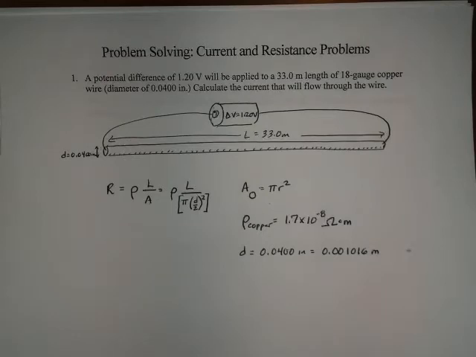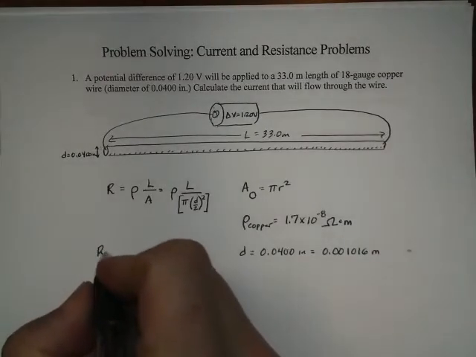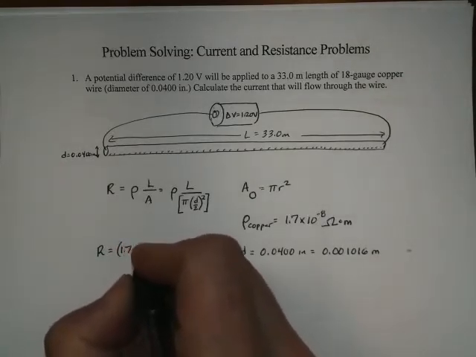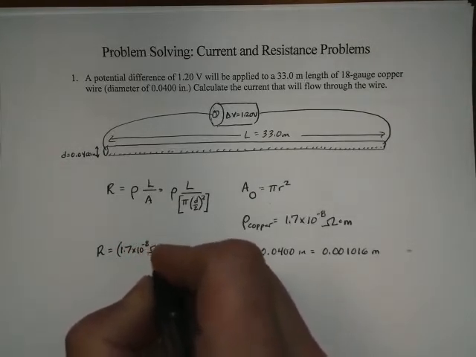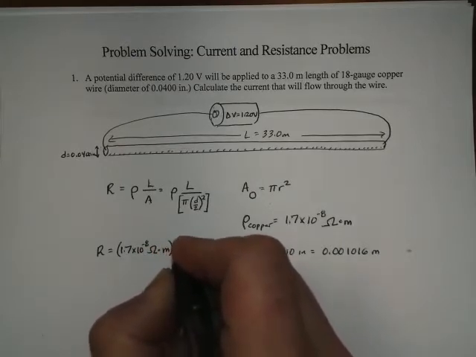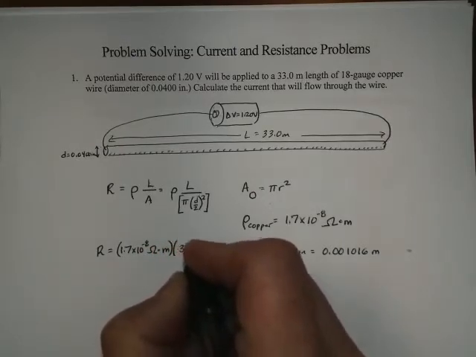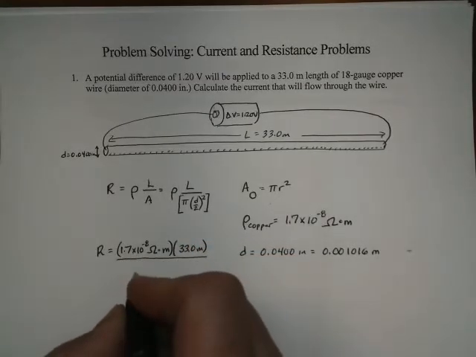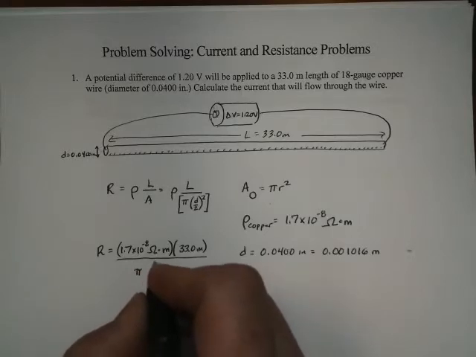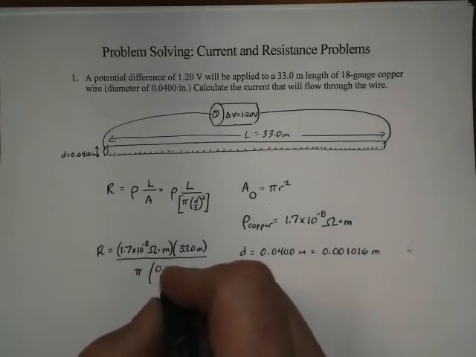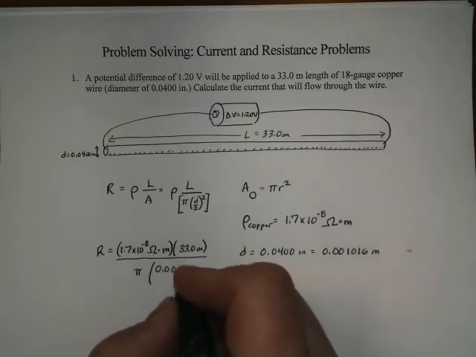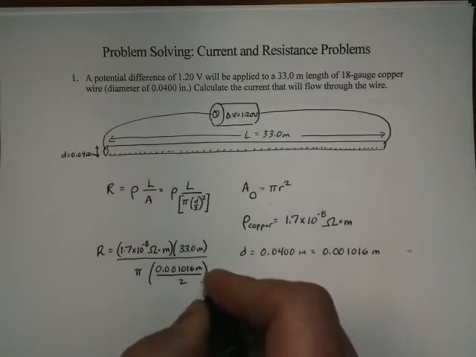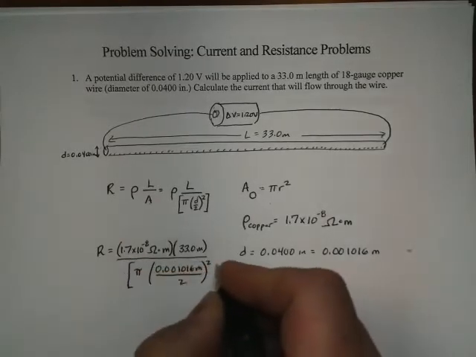So that means our resistance is equal to, let's put all those numbers in, 1.7 times 10 to the negative 8 ohm meters, length is 33 meters, and then in the denominator we have pi, and a diameter of 0.001016 meters. Divide that by 2 to get the radius, square that all.